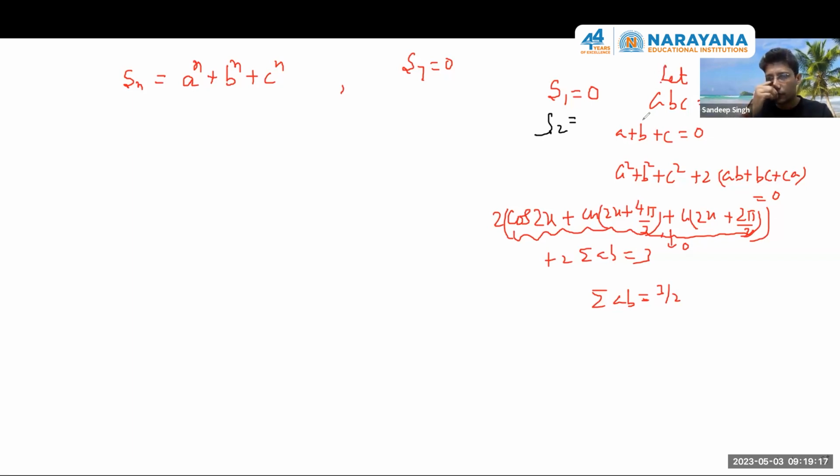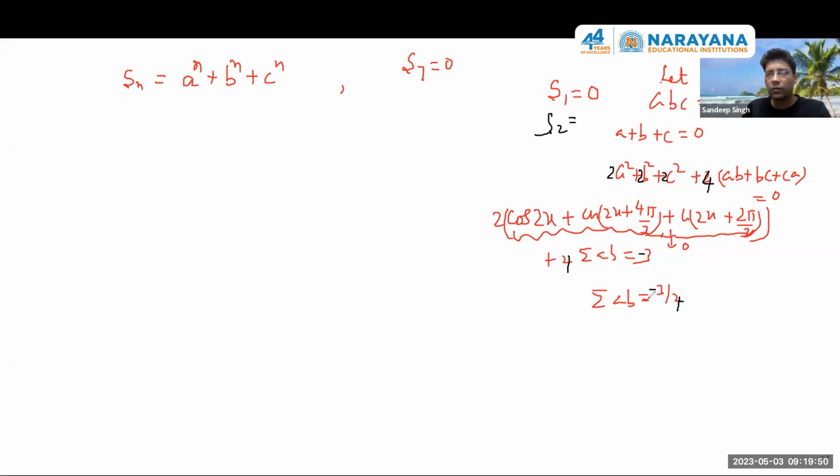So basically, 2 cos square theta is 1 plus cos 2 theta, so this is going to be minus 3, and this is minus 3 by 4. Am I correct or not? Actually, I thought this was cos 2 theta, no? It was cos square theta. Is it clear? Please check.